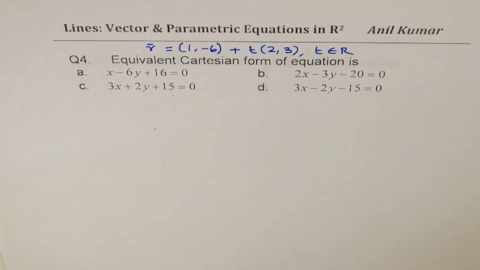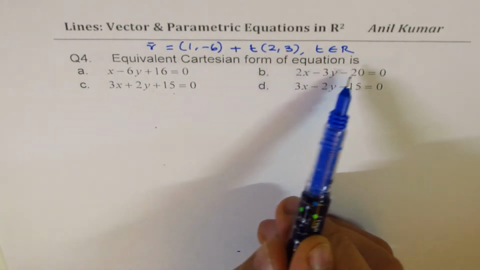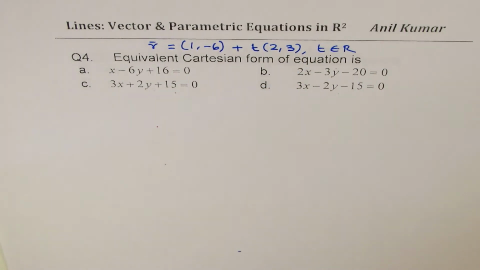Now let's move on to question number 4. Question number 4: the equivalent Cartesian form of the equation is which one of these? Now I'll take this opportunity to teach you some new methods also. We could solve this using two different methods.